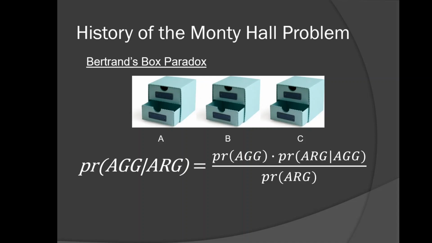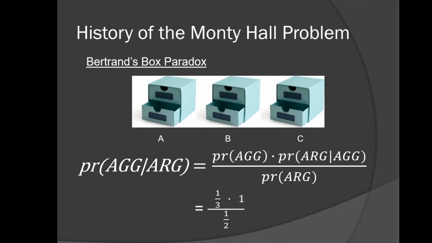So this reads, the probability that box A is the one that contains two gold coins, given that a random coin drawn from box A was gold, equals the prior probability that A is the one with two gold coins, times the probability that a random coin drawn from A will be gold, given that A is the one with two gold coins, divided by the total probability that a random coin drawn from A is gold.